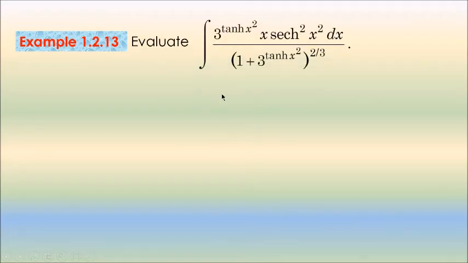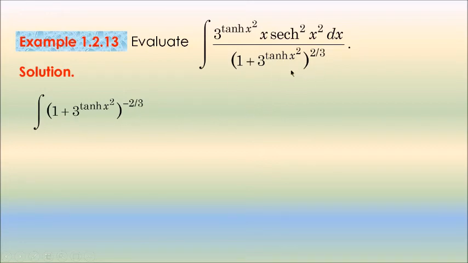Example 1.2.13. Evaluate the integral of 3 to the hyperbolic tangent x squared times x hyperbolic secant squared x squared dx all over 1 plus 3 to the hyperbolic tangent of x squared quantity to the 2/3. Let us express this integral in the form of integral of u to the n du.